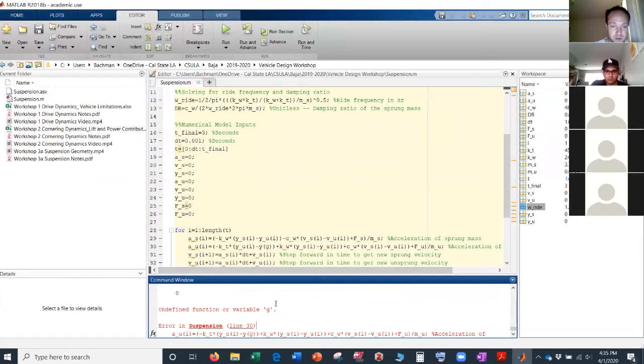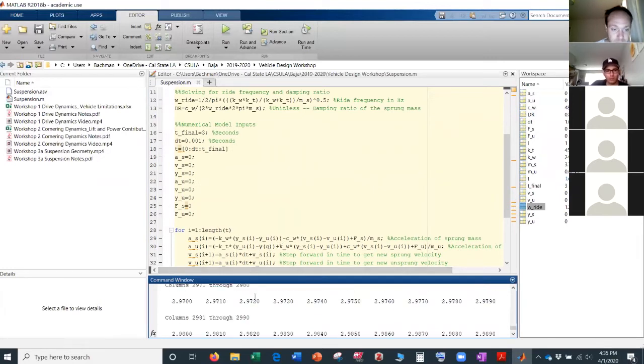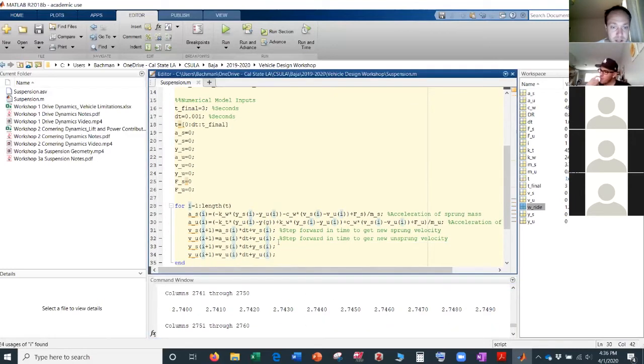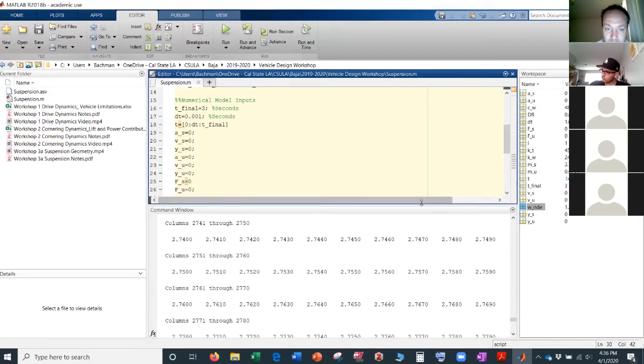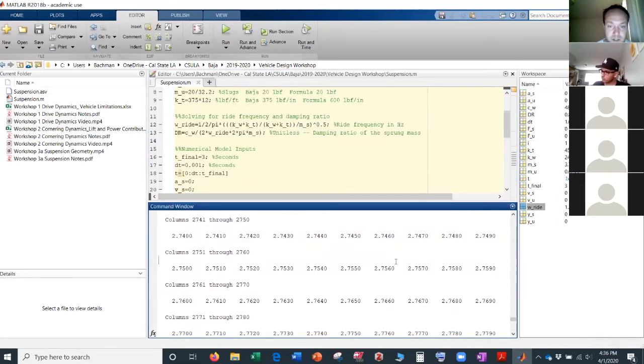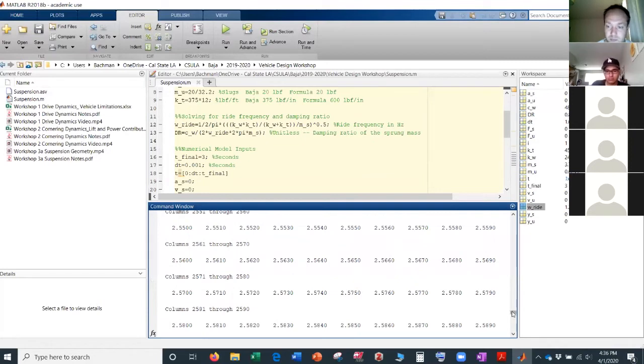Undefined variable g. Okay. First things first, it looks like I thought I commented everything. So this is classic coding, right? We're going to have to debug some.